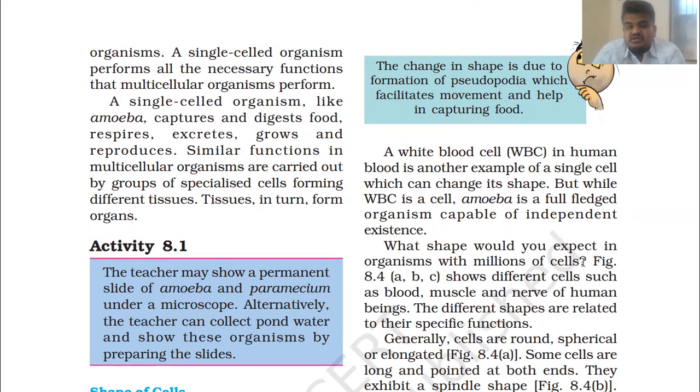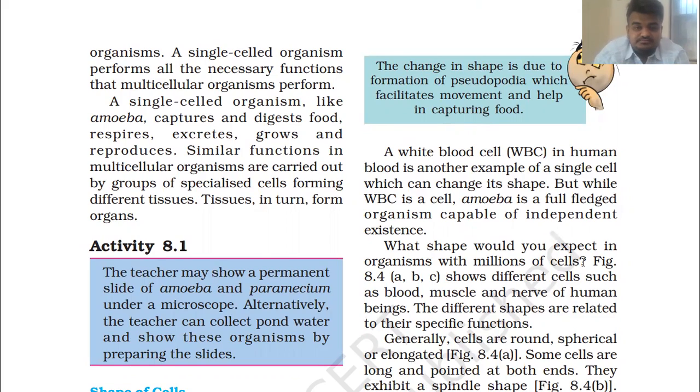Similar functions in multicellular organisms are carried out by groups of specialized cells forming different tissues, and tissues in turn form organs. Simply we can say all these functions are carried out in unicellular organisms also. We cannot say that because there is only one cell, they can't carry out all the functions.